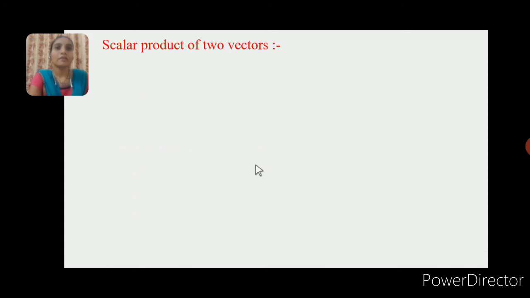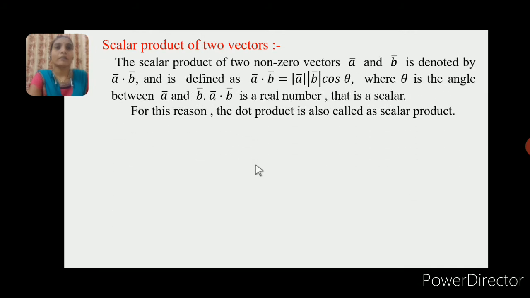Next point, scalar product of two vectors. The scalar product of two non-zero vectors a bar and b bar is denoted by a bar dot b bar and is defined as a bar dot b bar is equal to magnitude of a bar into magnitude of b bar into cos theta, where theta is the angle between a bar and b bar.